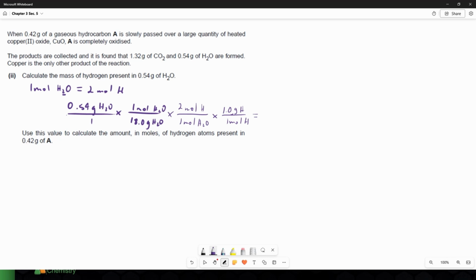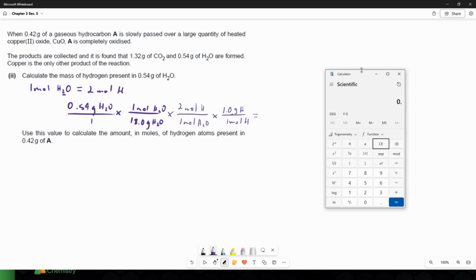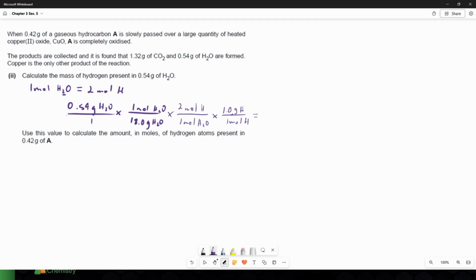Let's bring up our calculator here. 0.54 divided by 18 times 2 times 1 is 0.06. So we have 0.06 grams of hydrogen in 0.54 grams of water.